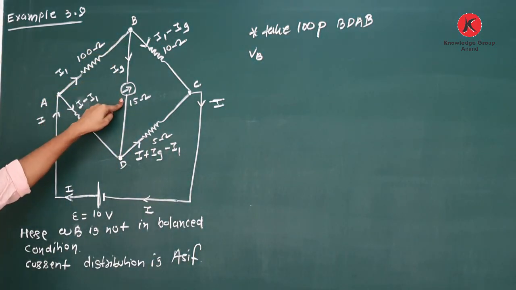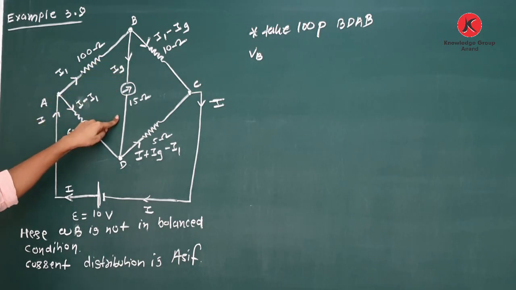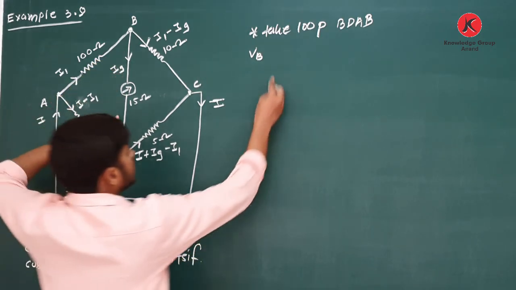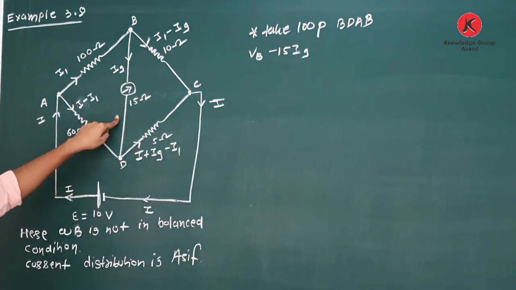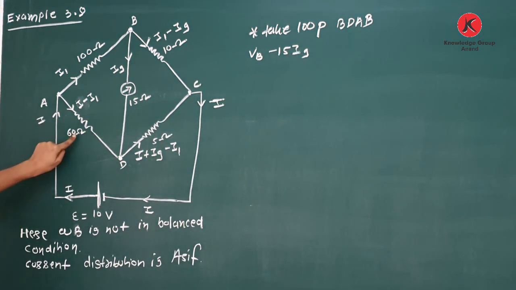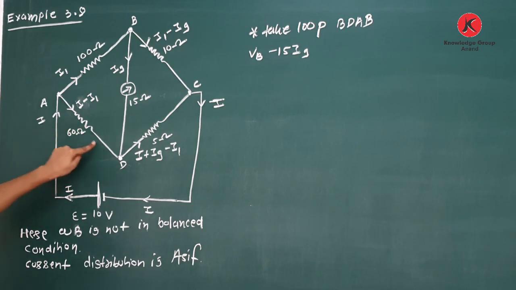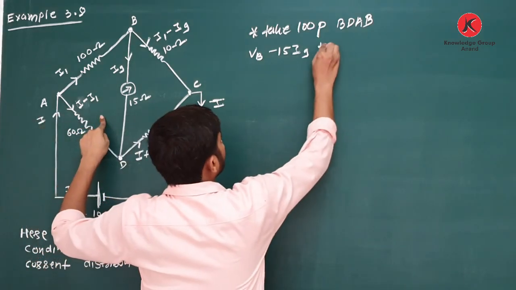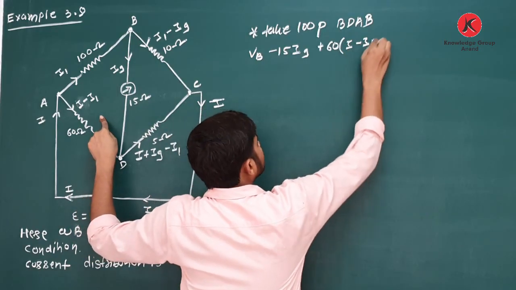Then galvanometer, its resistance is 15. Current is flowing in this direction, means we are moving in direction of current. Then it is minus 15 Ig. Clear about this? Then from D to A, resistance 60 ohm, current I minus I1. We are moving in opposite direction, so we have to write plus 60 times I minus I1.